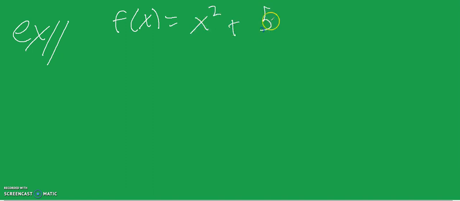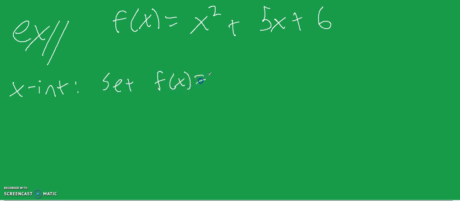Alright, let's look at this first example. Let's say f of x equals x squared plus 5x plus 6. To find the x-intercept, I just set f of x equal to 0 and solve for x.